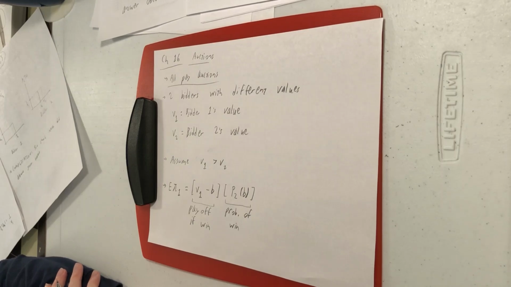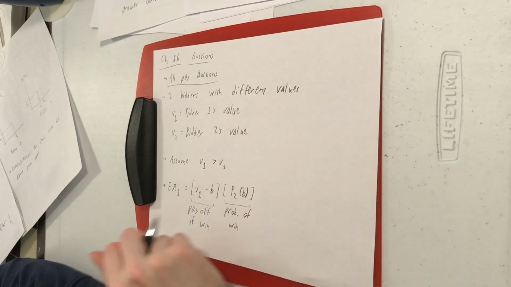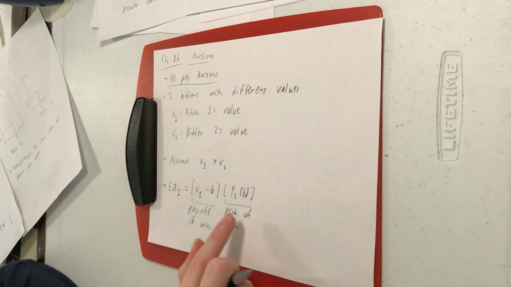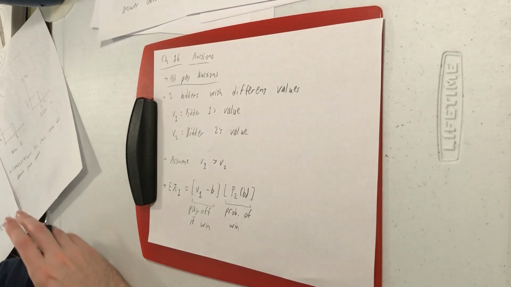How do I know that? Well, because the bidders have different values, they're going to have different probability functions for how they're going to bid. They're going to bid in different ways with different probabilities.